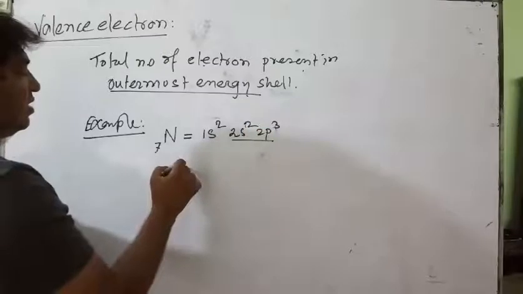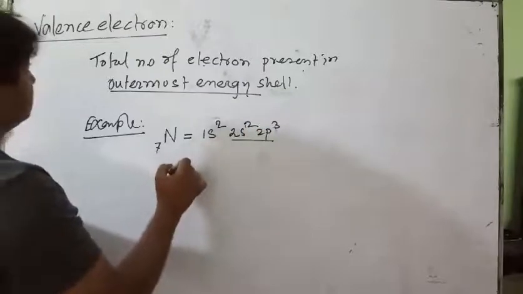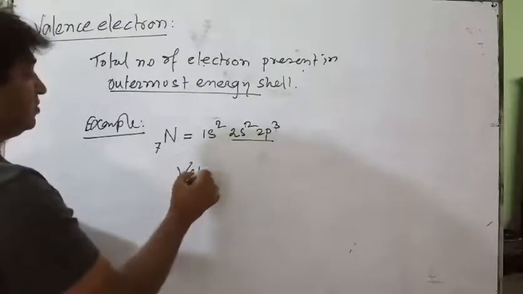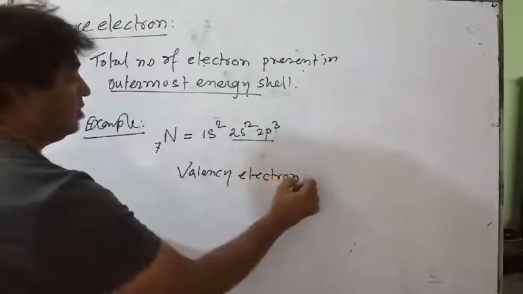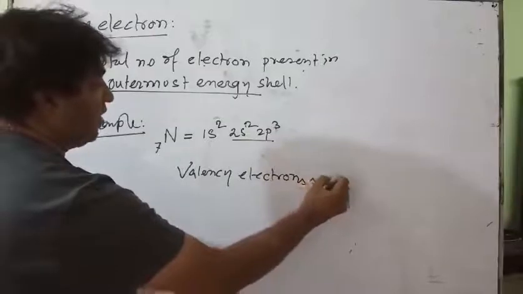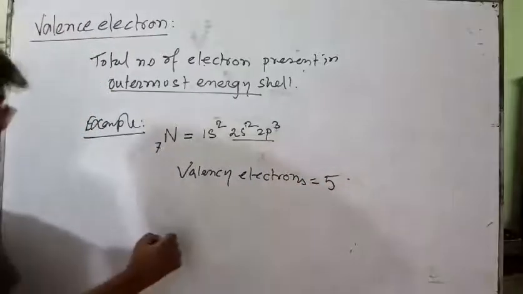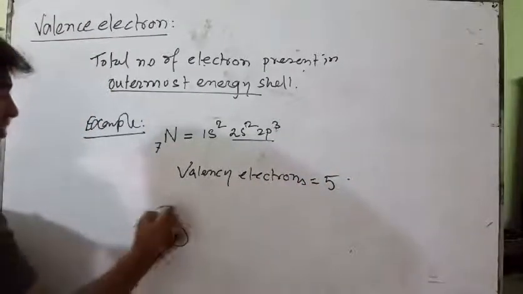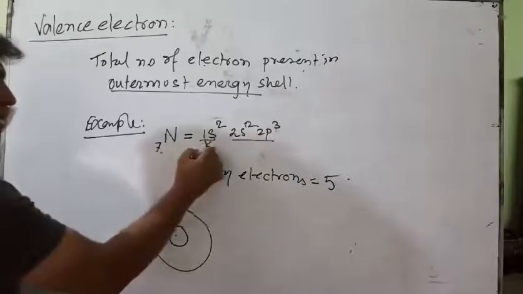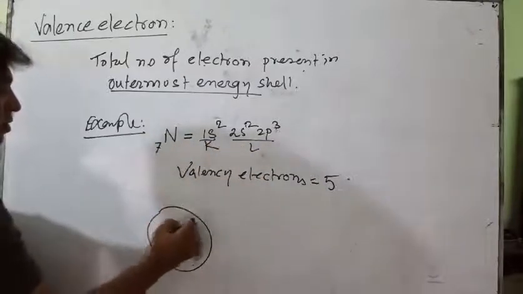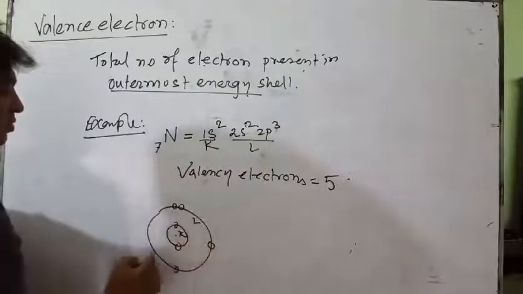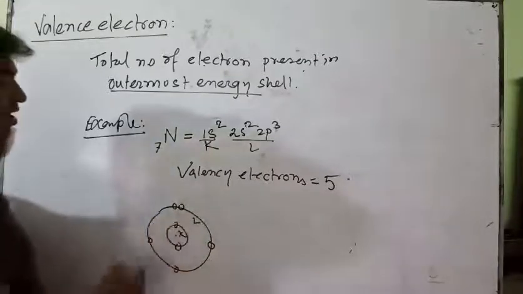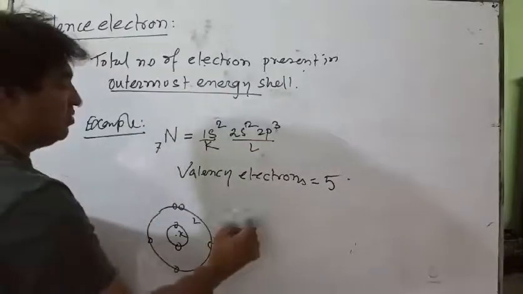That is why the valence electrons equal 5. In the figure, first shell K, second shell L: 2 electrons, then 2 and 3, the total is 5 electrons.